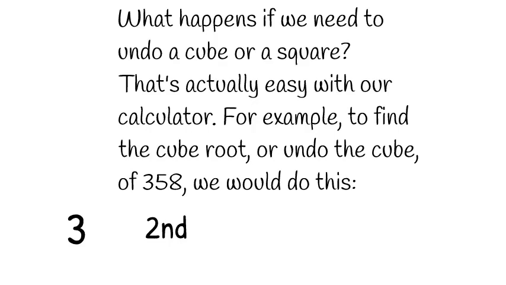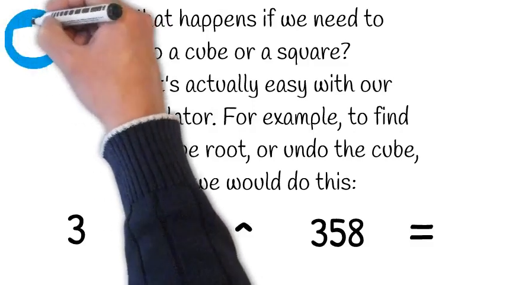So we use the second button to undo things. And then we push the power button, the caret, because we're undoing the exponent. And then 358 because that's what we're finding the cube root of. And then we push the equal sign to get our answer.